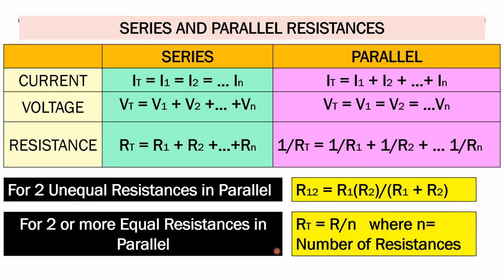Now, if the two resistances connected in parallel have equal values, for two or more equal resistances in parallel, all we have to do is just divide the given R by the number of resistances there are in the circuit. So these are the important equations for analyzing series and parallel resistances.